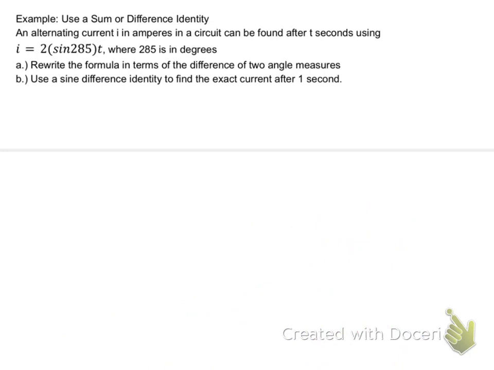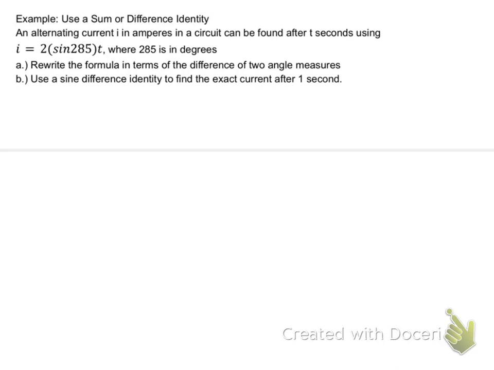So let's try it in a little bit more of a word problem. And the word problem is just there to confuse you. But if you actually read it, took your time to digest what it's saying, it's not that bad. So, it says an alternating current I in amperes in a circuit can be found after t seconds using I equals 2 times the quantity of sine of 285t, where 285 is in degrees.